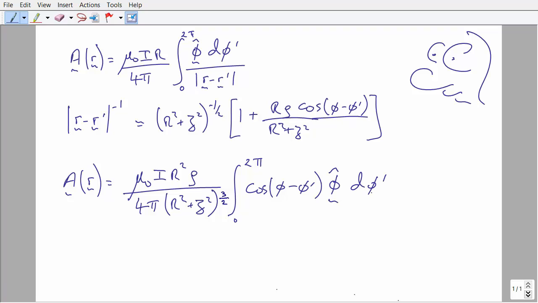Okay, so while we're thinking about our bookkeeping, we should be aware that this phi hat vector that I've written down here, we would better label it phi hat prime. At this point, it's actually going to be important. You'll remember that it came in as the line element.